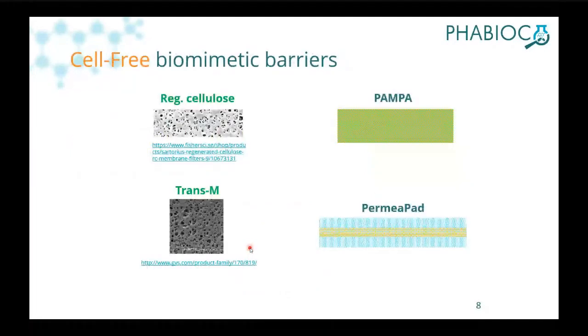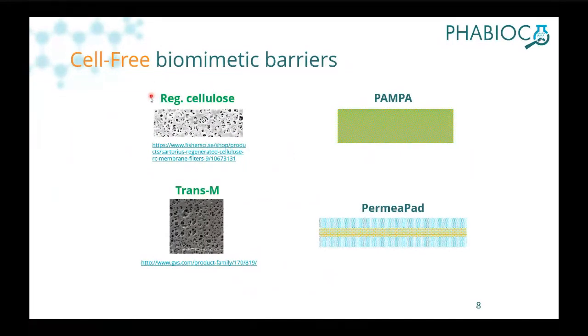When we talk about cell-free biomimetic barriers, so barriers that resemble the permeability of biological tissue when interacting with the compounds, we have the PAMPA, the first introduced, the parallel artificial membrane permeability assay. We have the PermeaPad, the product commercialized by Fabiocell, that I also contributed to invent.